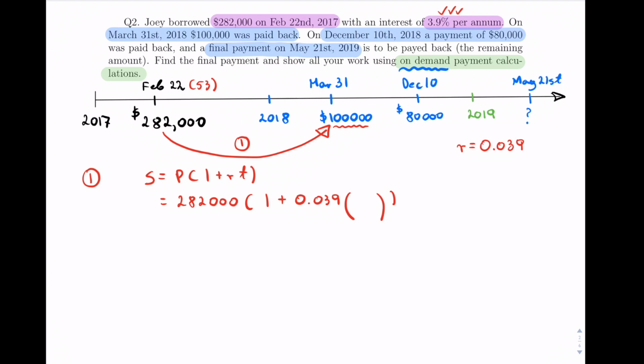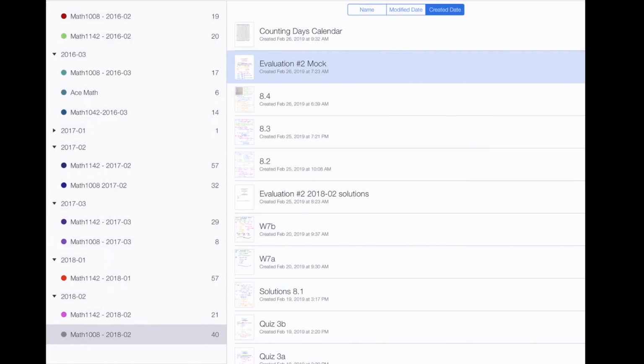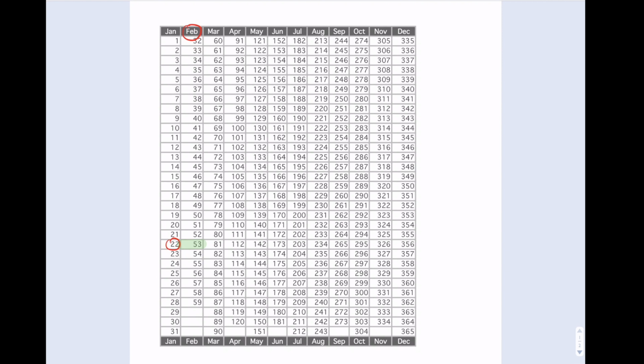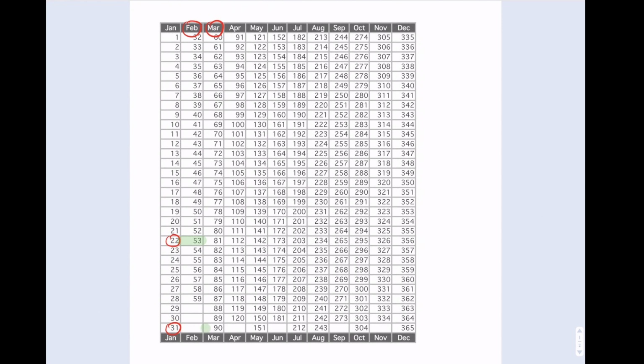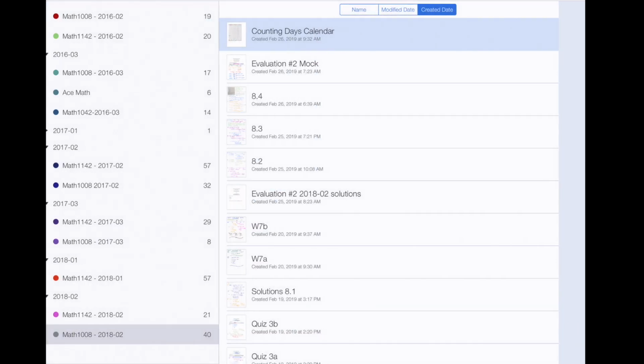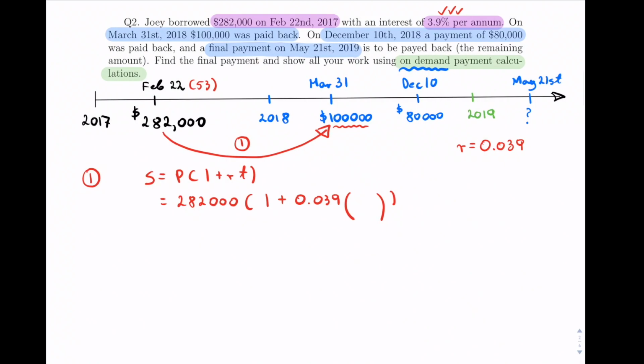Let's just get all the dates. Okay, so March 31st. Let's go back. So March 31st. That's the 90th day. Right here. Okay. So this is the 90th day.